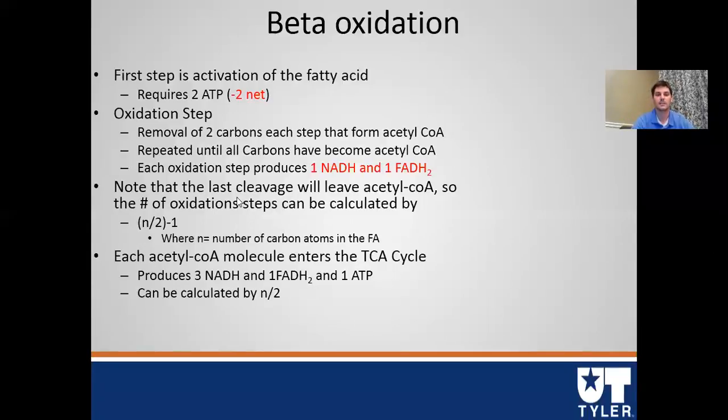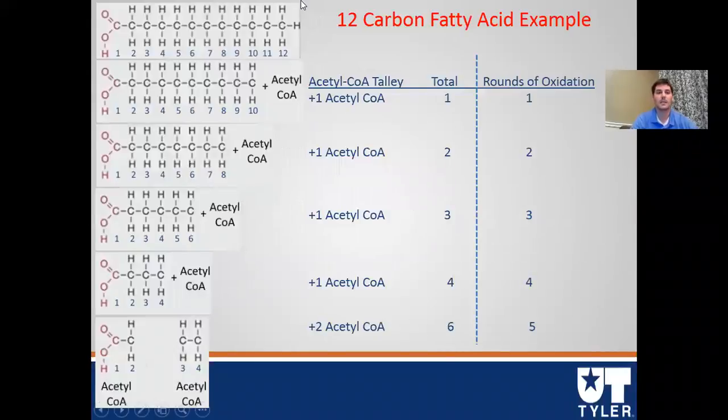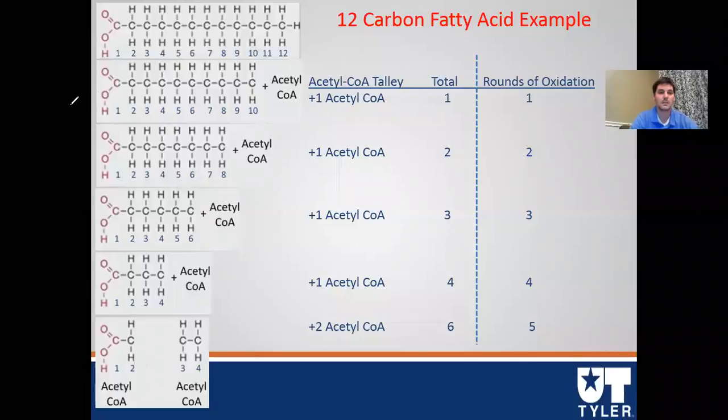So let's take a look at how it takes off. Here's our 12-carbon fatty acid. I can draw lines here. Ultimately we're going to chop off carbons just like this.